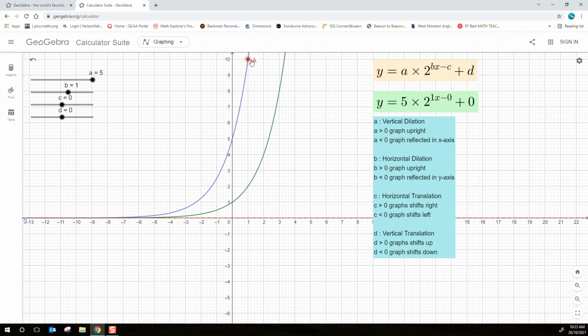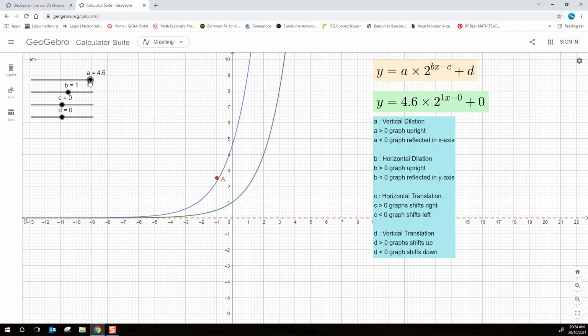I tried to grab the point and I grabbed the label. Here we go. So if this point was about here on my original function, that's a y value of 1/2. 5 times 1/2 is, you guessed it, 2.5. So a, in this case where a is a positive number, a is greater than 0, the transformed graph, this blue one, is upright just like the previous.